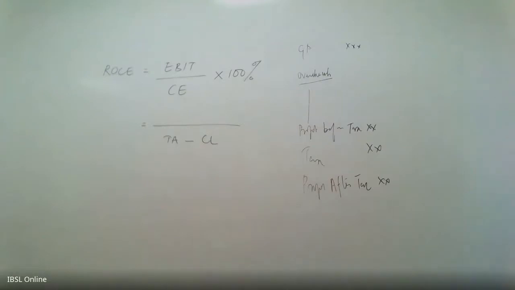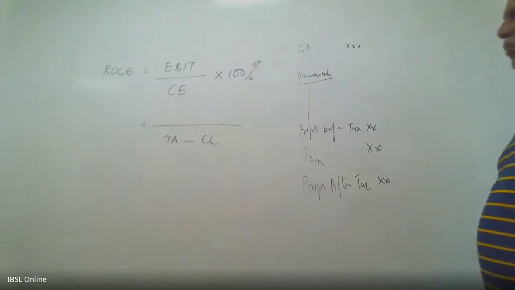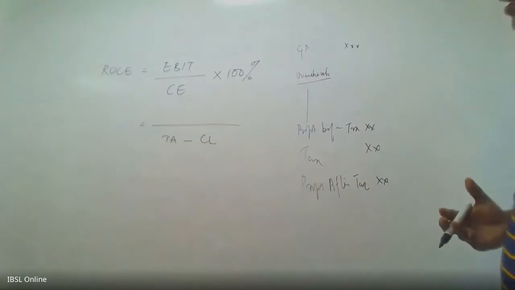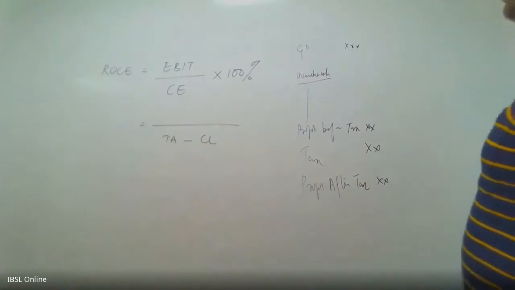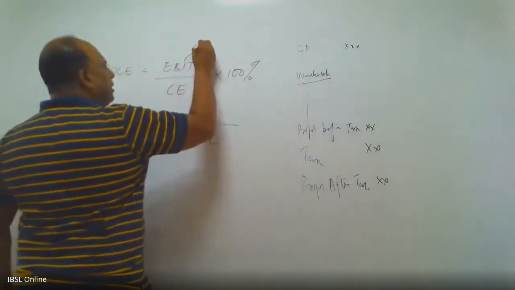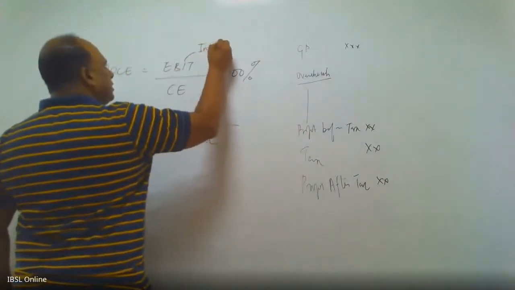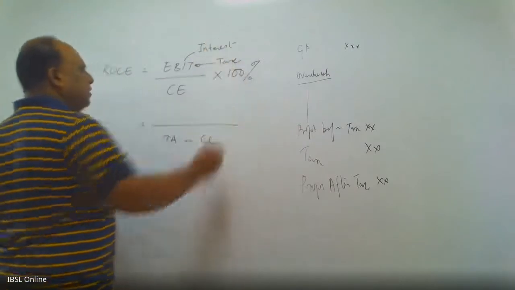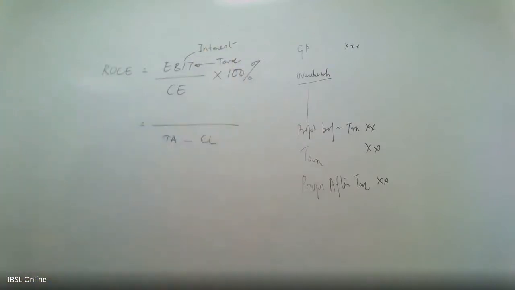So what do you mean by earnings before interest and tax is, from your P&L or the profitability statement, you have to take the profit before deducting the interest and tax. So this I and T means I is interest, T is tax.